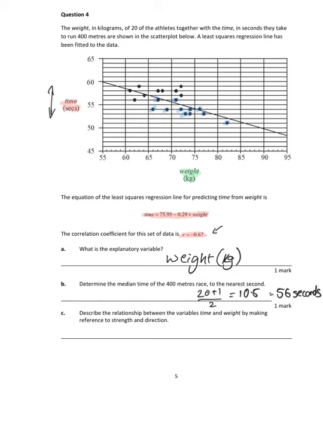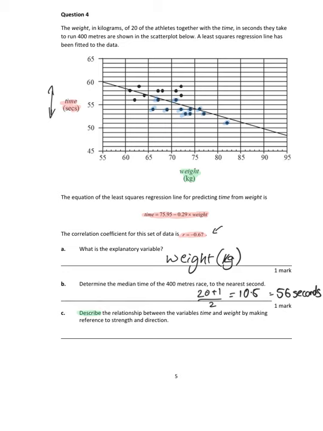Just be careful, guys. The key word in this question is describe. So you can't just write negative direction with a moderate strength, because it's not actually describing the relationship. You have to form that sentence.